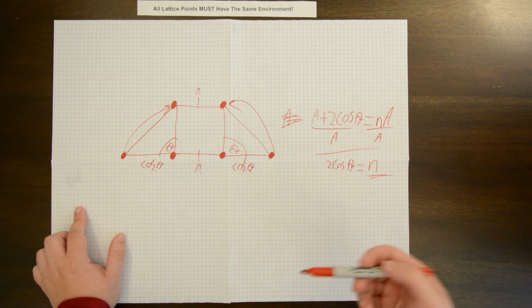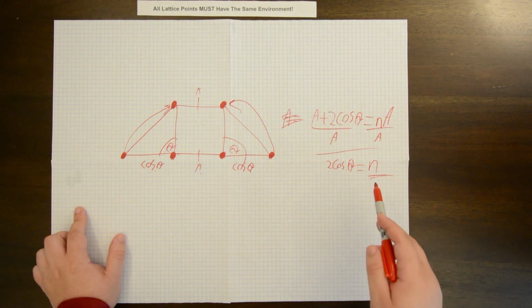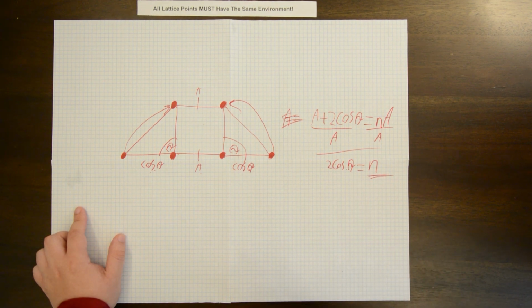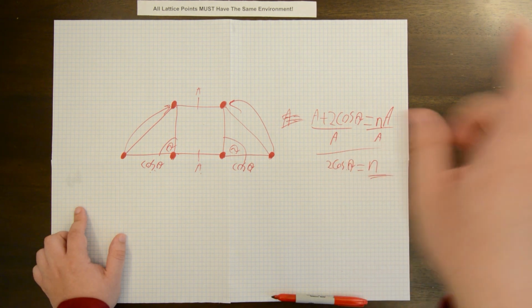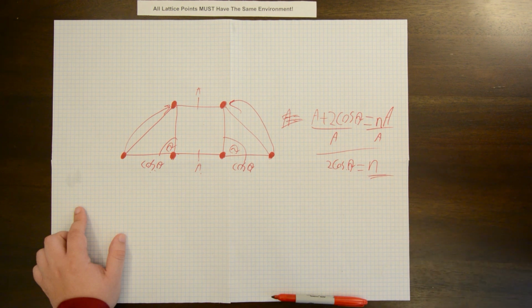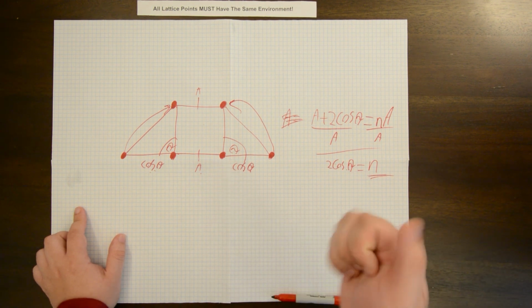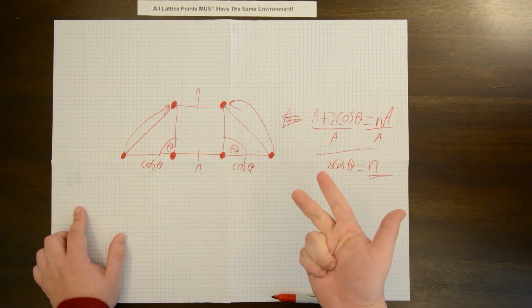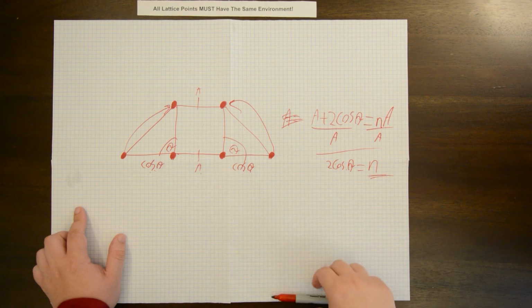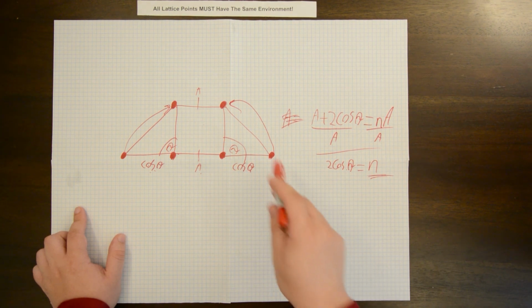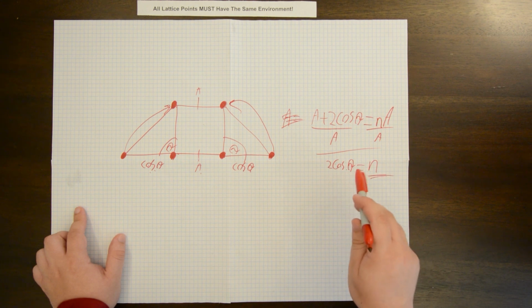So, 2 times cosine theta is only going to equal an integer at 5 or 6 values. 0 degrees, 60, 90, 120, 180, and 360 degrees if you want to go all the way back around. As a result, we are stuck with specifically 1, 2, 3, 4, and 6-fold rotation axes, because those are the only valid rotations given this.